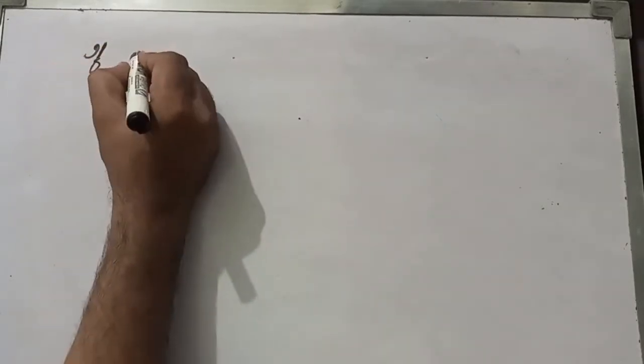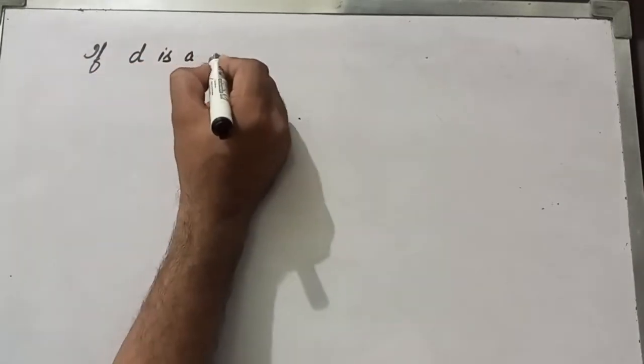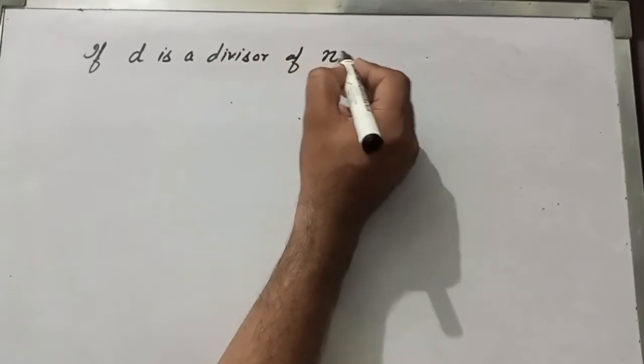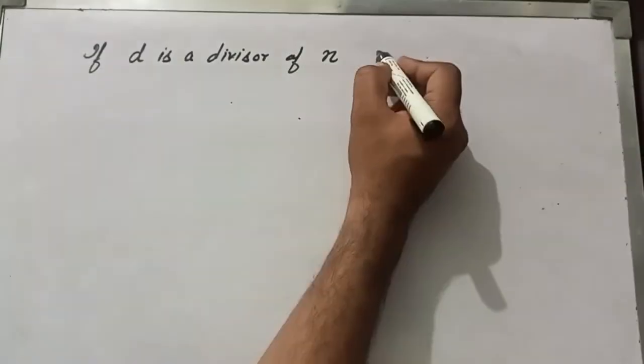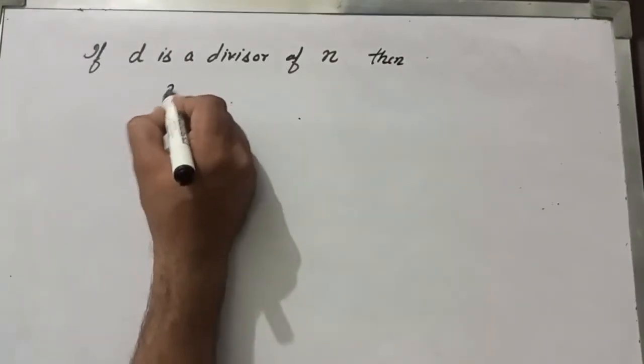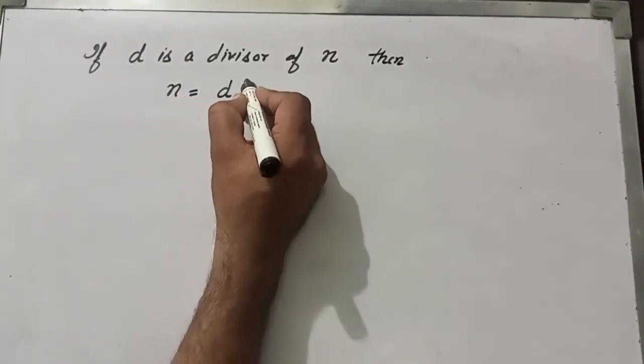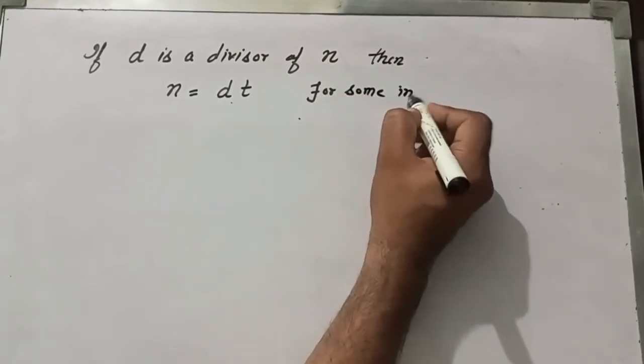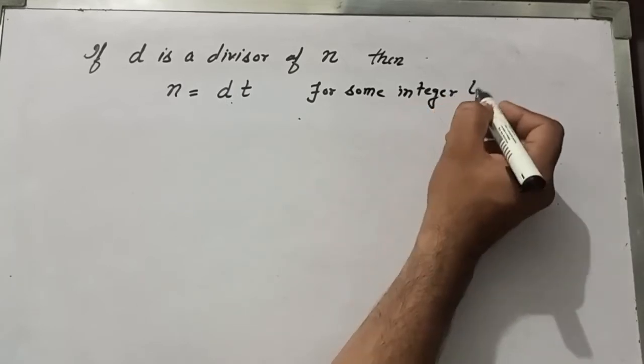So students, before going to the detailed proof of these three results, we will first discuss an important concept which is the soul of all these three results. The concept is that if d is a divisor of an integer n, then by definition you can write n as a multiple of d for some integer t.